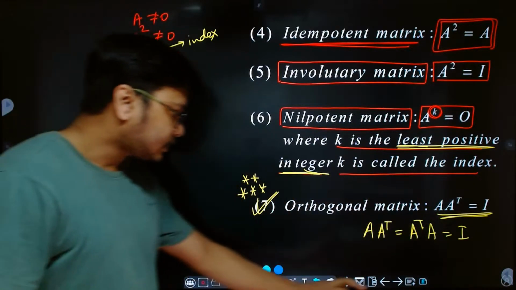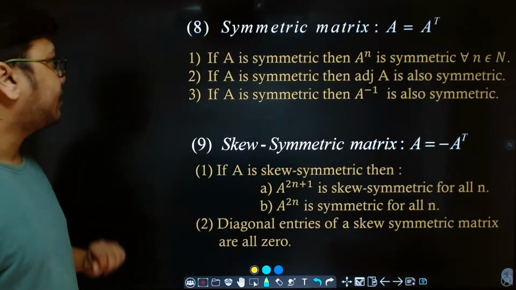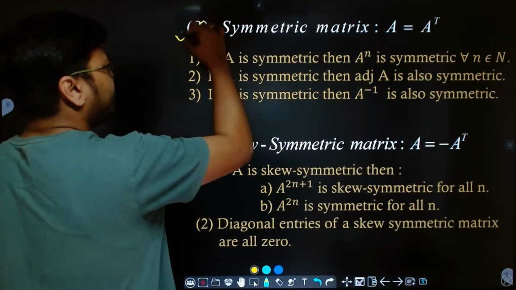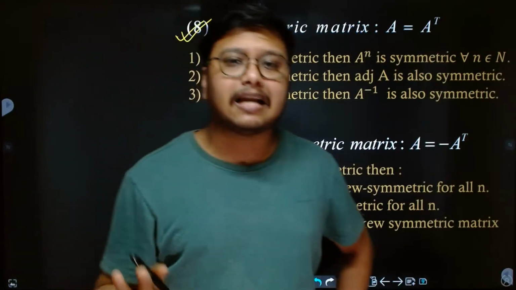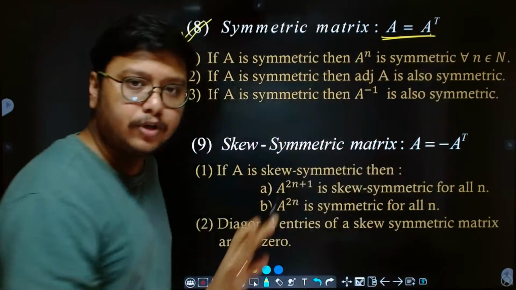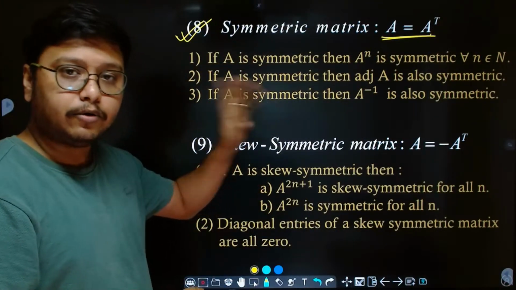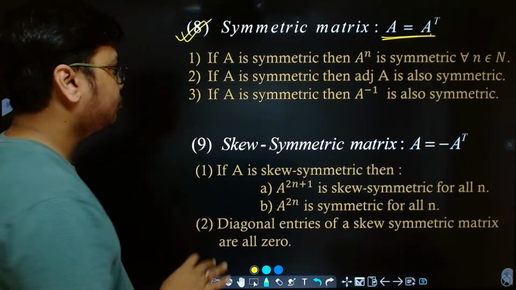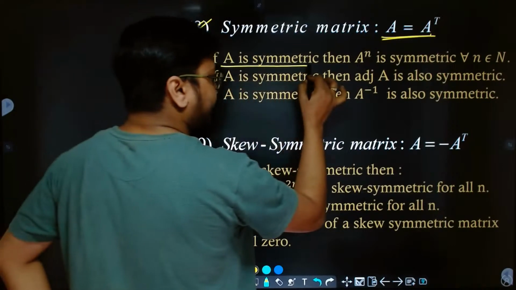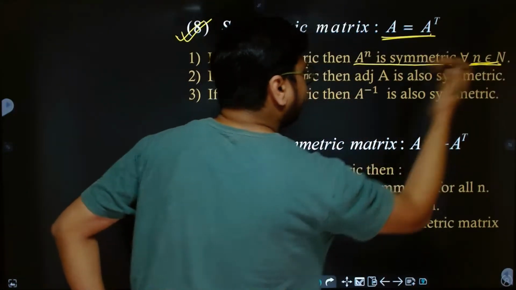Then going on to the next property, symmetric matrix. We all know symmetric matrix, you have done this in class 11-12. A equals A transpose, but these are some important things you need to remember. This will be helpful for MCQ. If A is symmetric, A to the power n is also symmetric for every natural number.